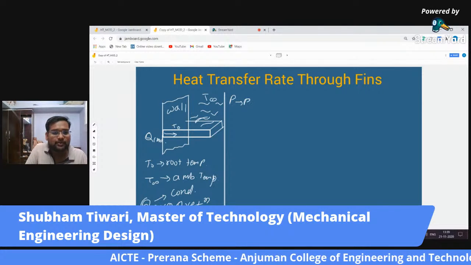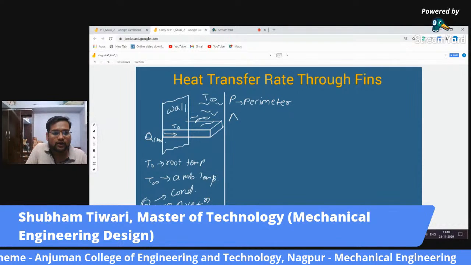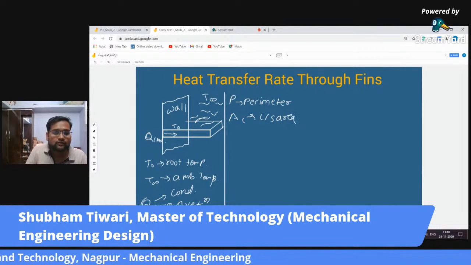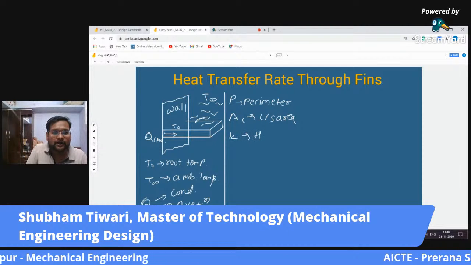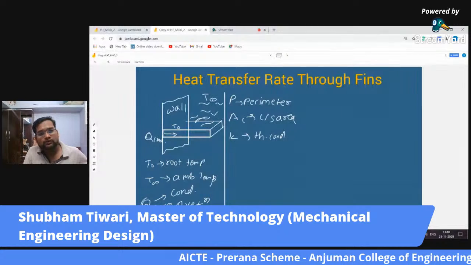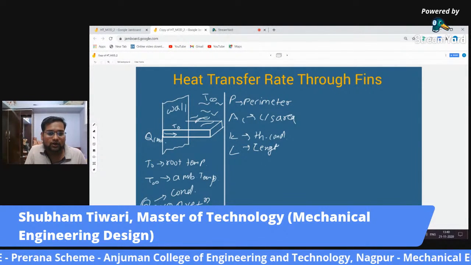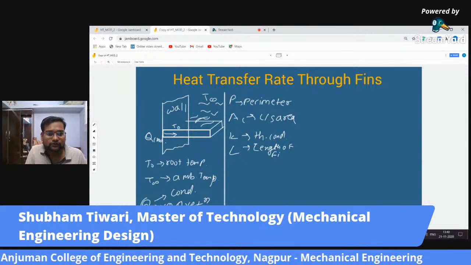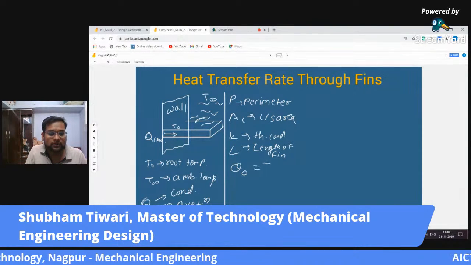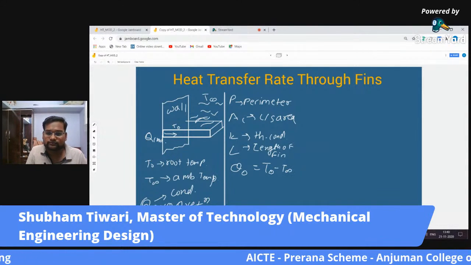Let us assume P is the perimeter of the fin, Ac is the cross-sectional area, k is its thermal conductivity, L is the length of the fin. And theta naught is the temperature difference between root temperature and ambient temperature.